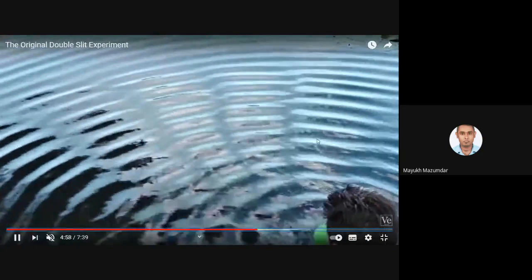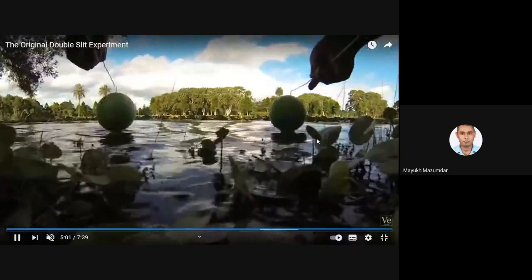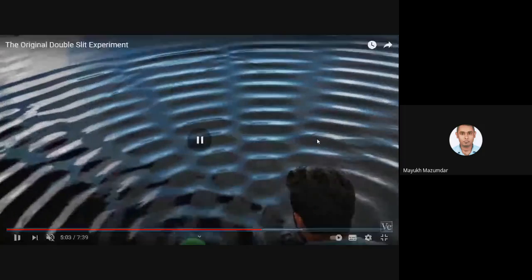Now carefully look at some regions. This view won't help us much. Just see here, some regions look like straight lines. It's like sun rays of light coming, isn't it? See these regions, this one, this one, this one. Is it visible?